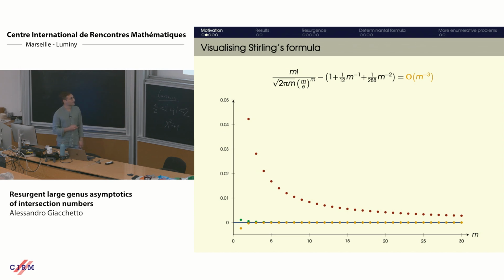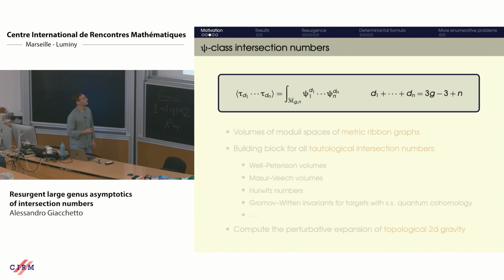The enumerative problem I will consider today, which already showed up in Eli's talk this morning, is the computation of the so-called psi-class intersection numbers. If you don't know anything about intersection numbers, that is fine. The main point is that I will consider this collection of numbers that I will denote with tau d1, ..., tau dn.